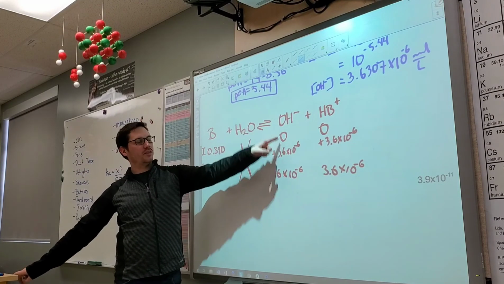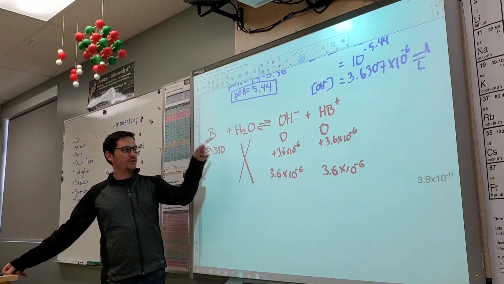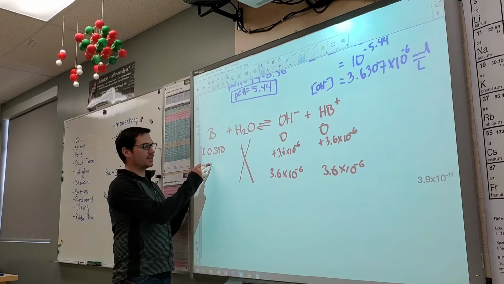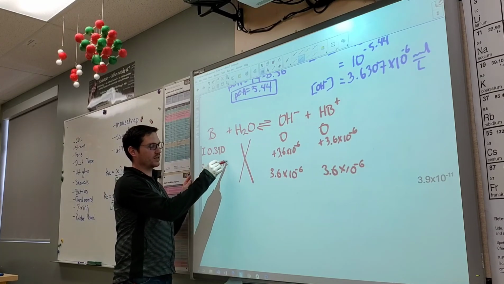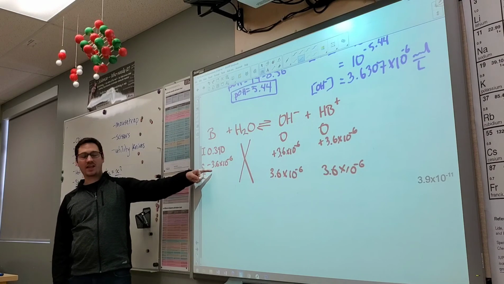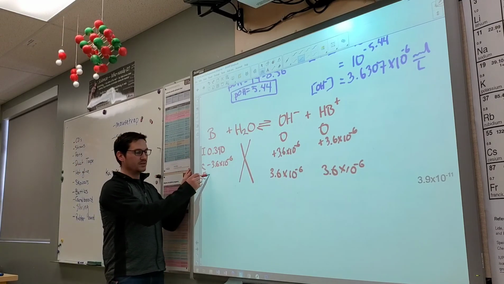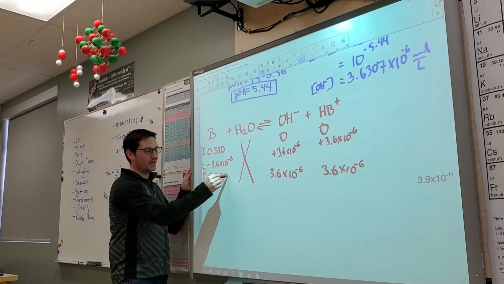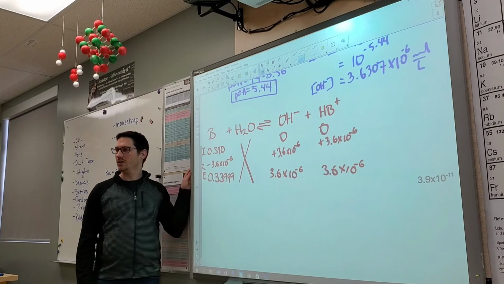Okay, if we gain this much hydroxide, how much are we going to lose of our base? Same thing, minus 3.6 times 10 to the negative 6. Now this is going to be weird. If you put this in your calculator, you're going to get 0.33999.